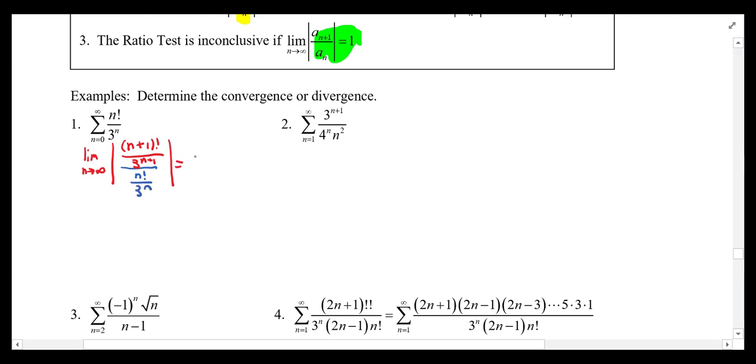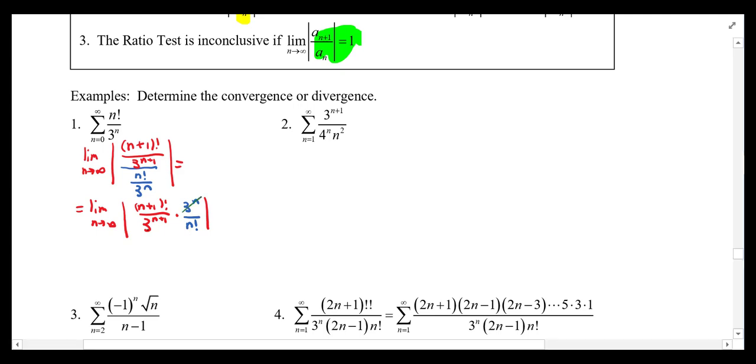Now, this is kind of messy, so it might be nice if we can rewrite this a little bit nicer. (n plus 1) factorial over 3 to the n plus 1, multiplied by the reciprocal, so 3 to the n over n factorial. Nice. Now, I hope you can see that there's some simplification that's going to happen here.